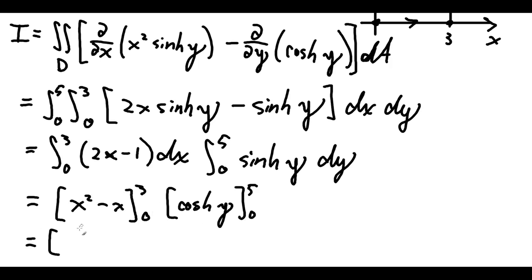This is 3 squared, which is 9, minus 3, minus 0, times cosh 5 minus cosh 0.